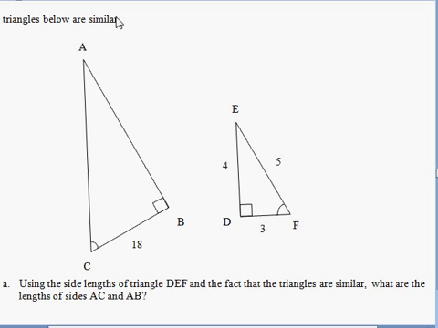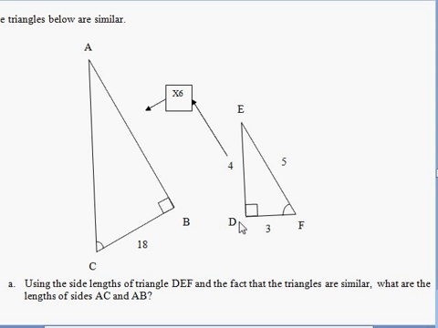Because they are similar, and DF and BC correspond to each other, we're going to use these to figure everything out. Since 3 times 6 is 18, whatever side we pick, if we multiply it by 6 to get its corresponding side, that will be our answer.